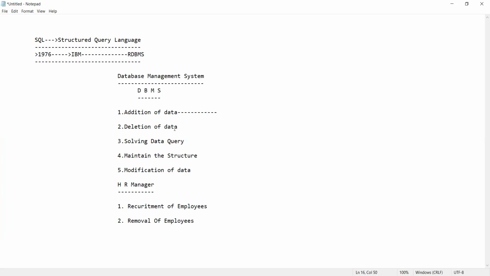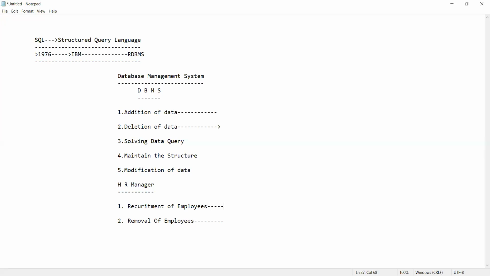Deletion of data means the data which is not required by the database, we can remove it. Here also, the employees which are not required for the company, they will remove. This task is done by the HR manager. Am I right?